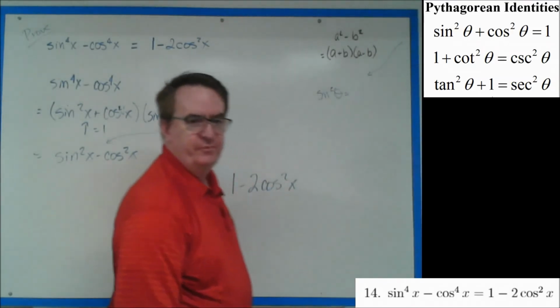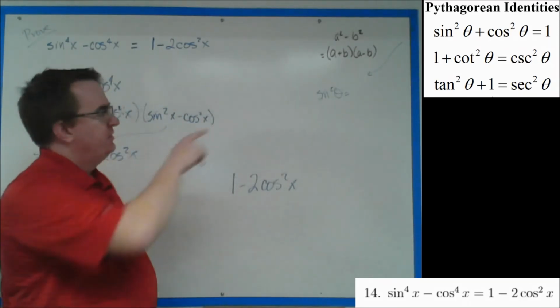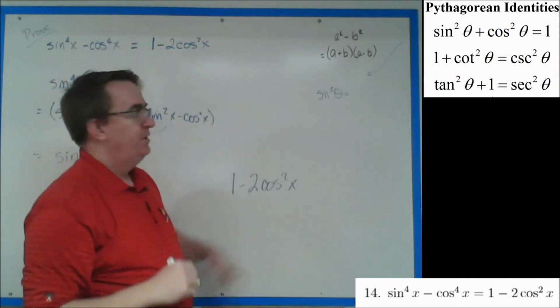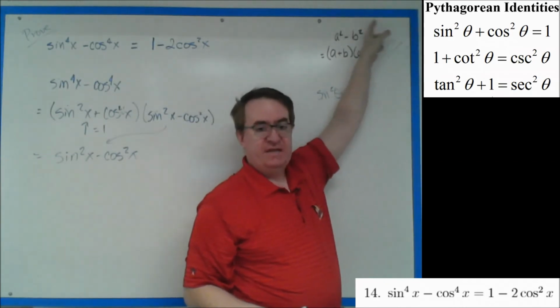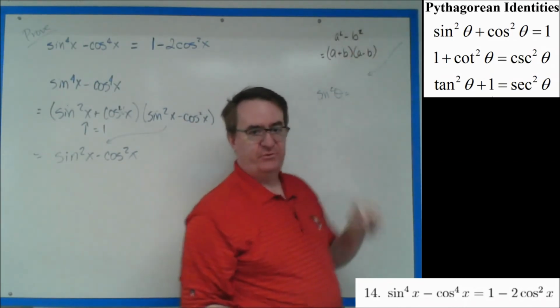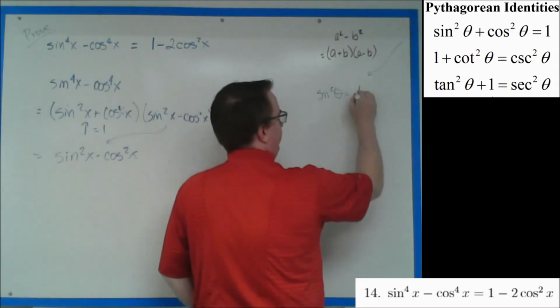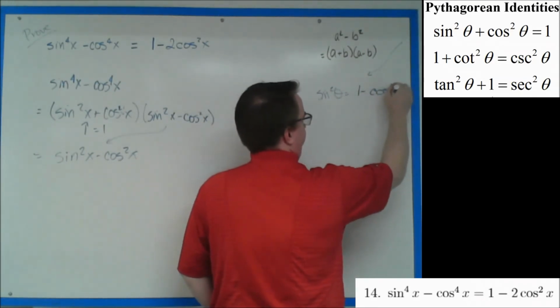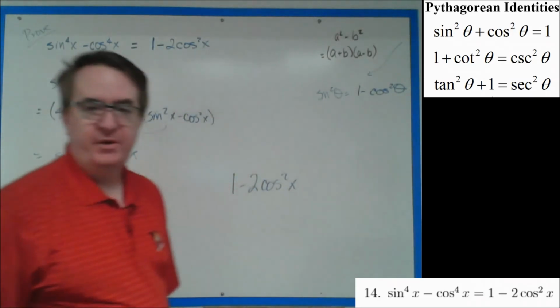Okay. Sine squared theta, what do I need to do? To get sine squared by itself, I have to subtract cosine squared from both sides. So that's going to equal 1 minus cosine squared theta.